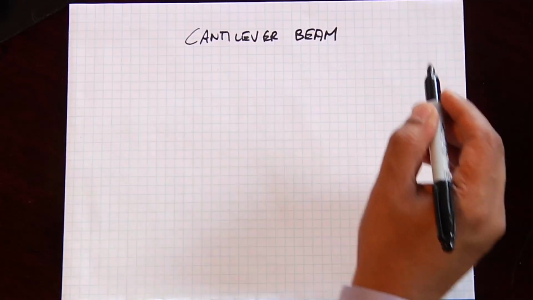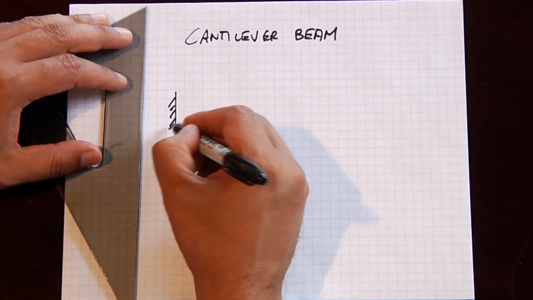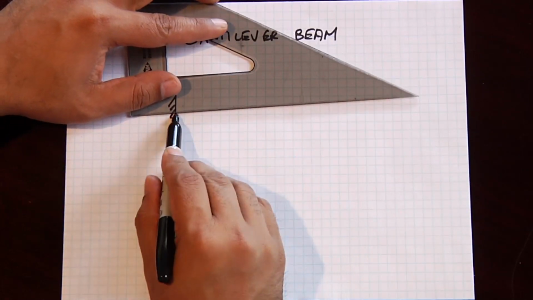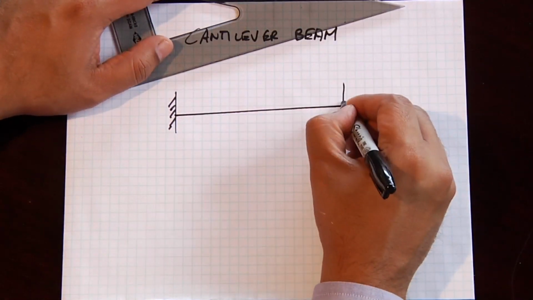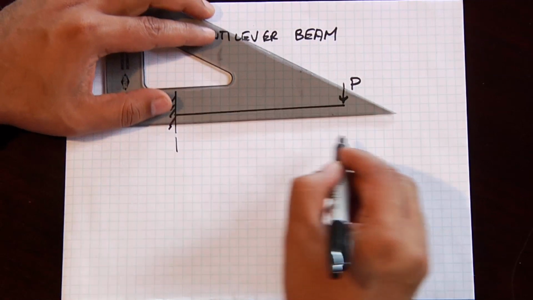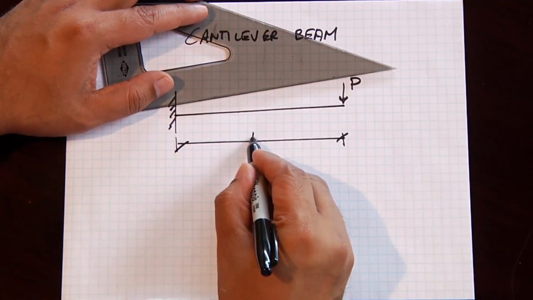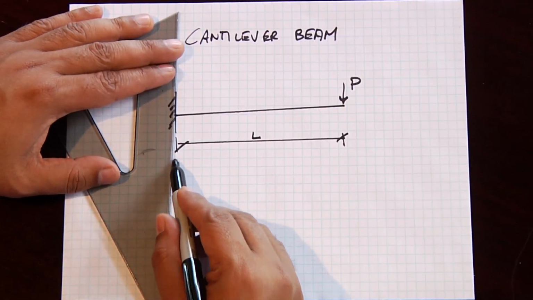Let's do an example with a cantilevered beam. Very standard example for understanding how bending moments work. We have our beam with our load P at a distance L. We did the shear diagram last time.